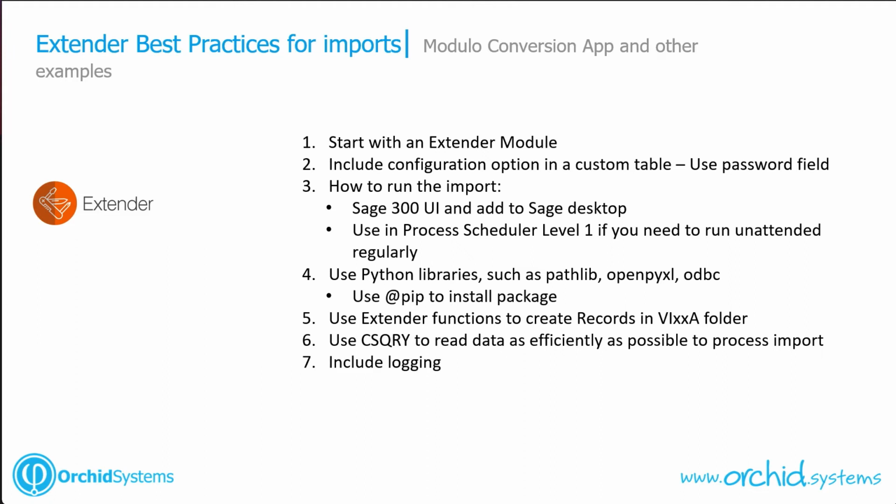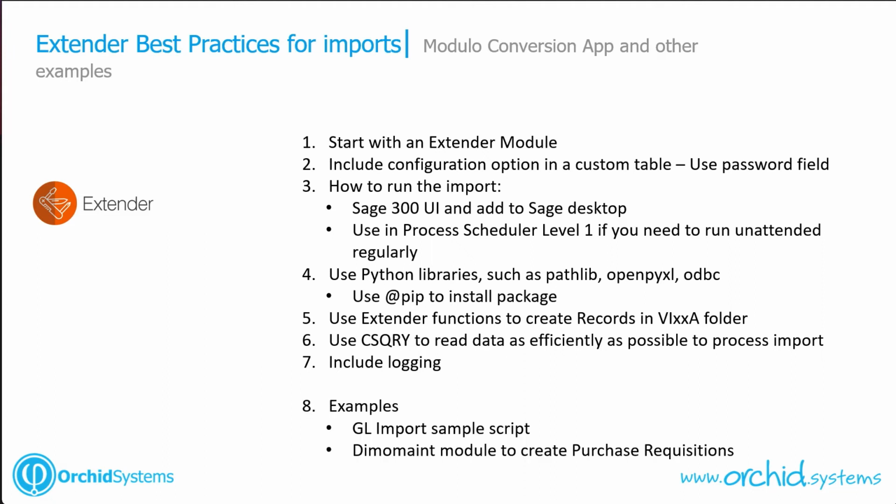It's often a good idea to add logging to these import scripts, and we have some examples on the website in the extender scripts. One is a sample script to import GL transactions. And in the demo mains module that you can find in the product download area, there are examples to create purchase requisitions. So let's start with extender module.